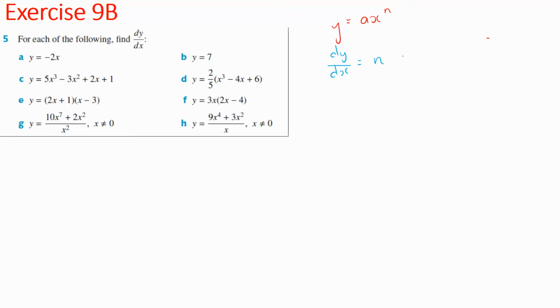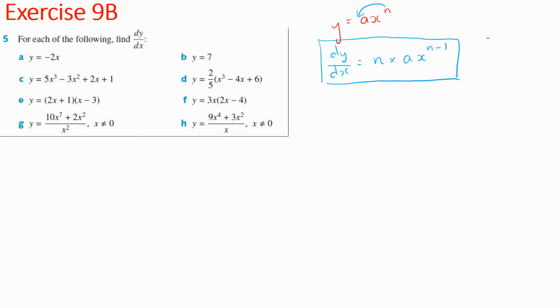If you were in my class last year or at the start of the year, I mentioned the gradient function. So this is n times a. What I've done is brought the power down: n times a times x to the power of n minus 1. This is called your power rule.